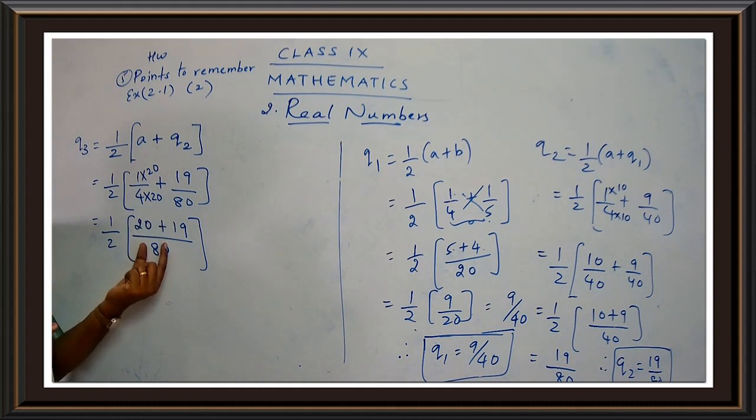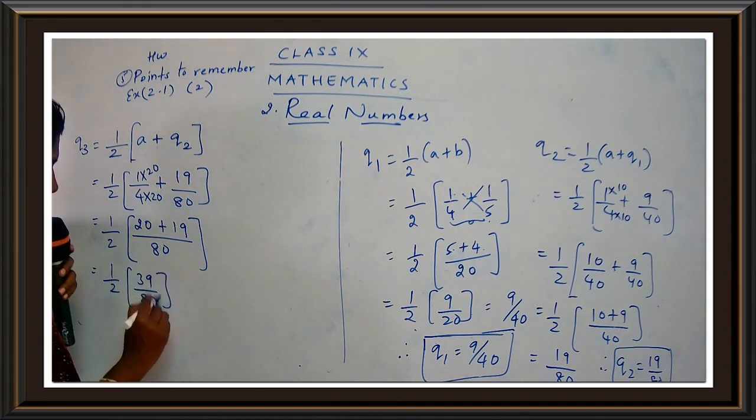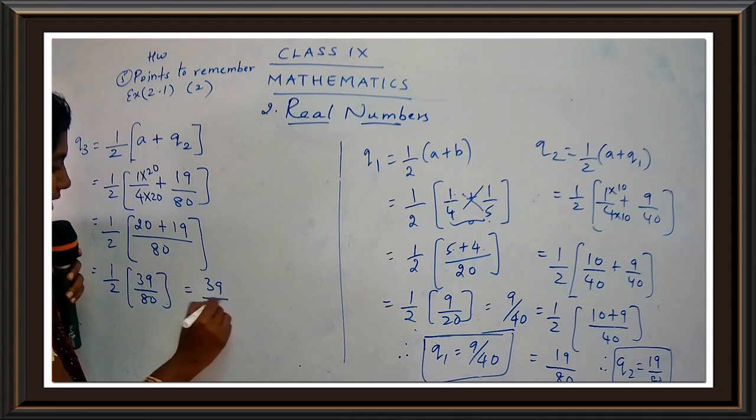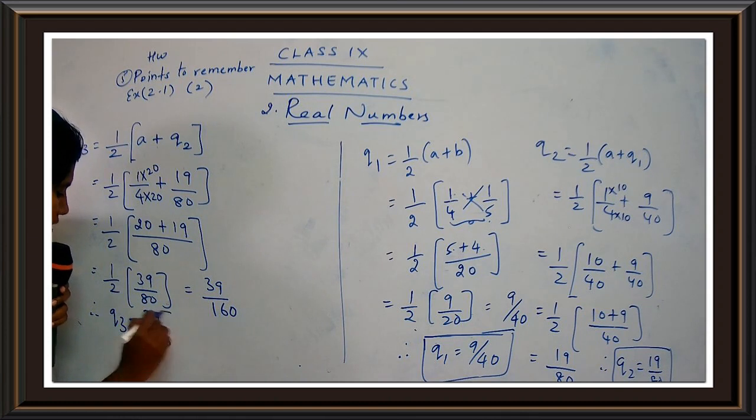So I have taken the numerators together and the common denominator. So this is equal to half of 39 upon 80, which is equal to 39 upon 160. 2 into 80, 160. Therefore, Q3 is equal to 39 upon 160.